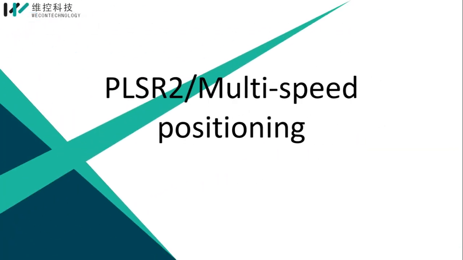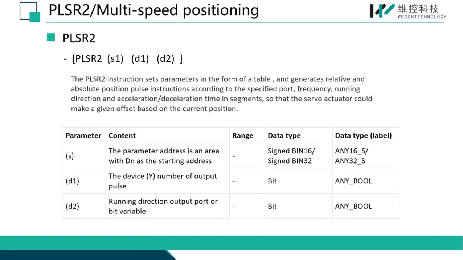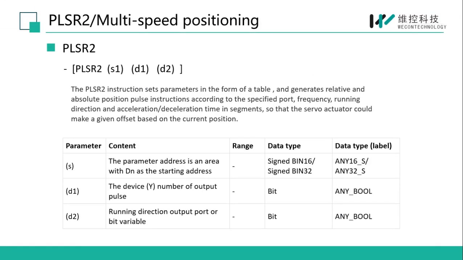The last instruction is PLSR, the multi-speed positioning. You can use this instruction to output a multi-segment output path. So it has 3 parameters. The first parameter is the starting address of the D registers. The second is the output terminal.